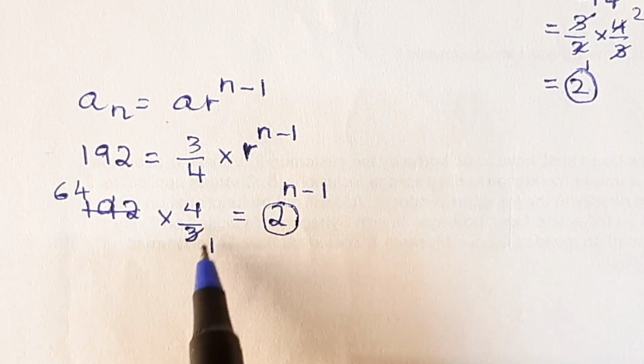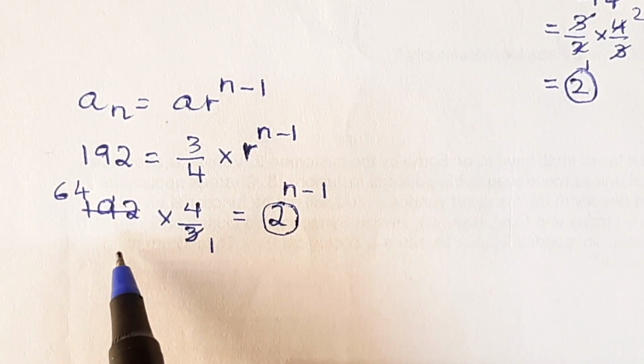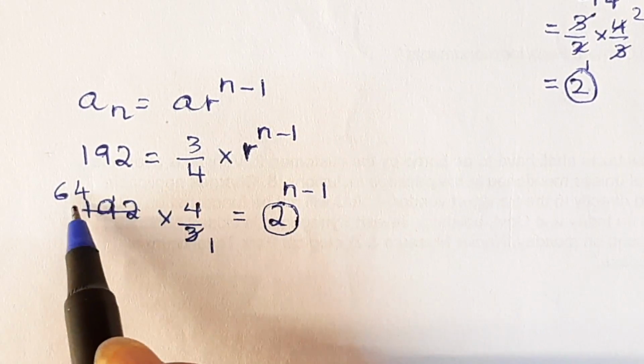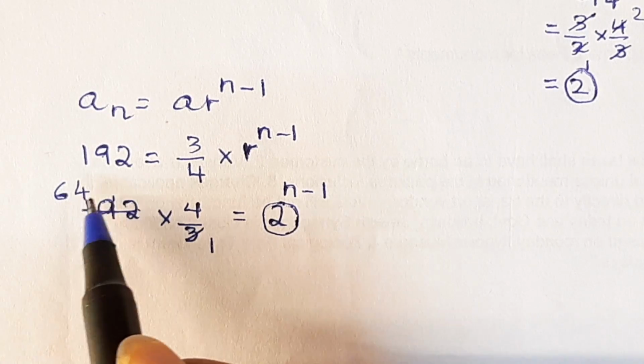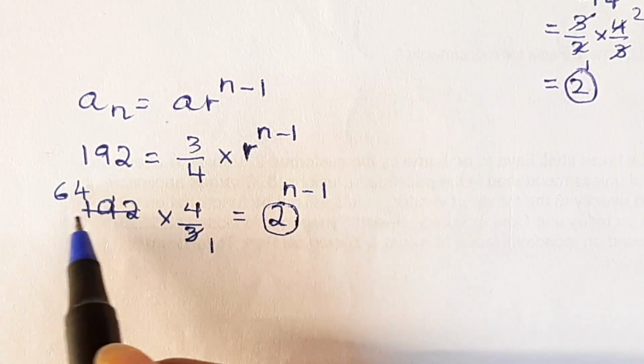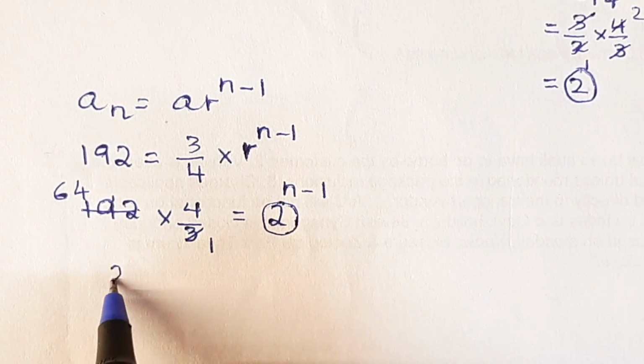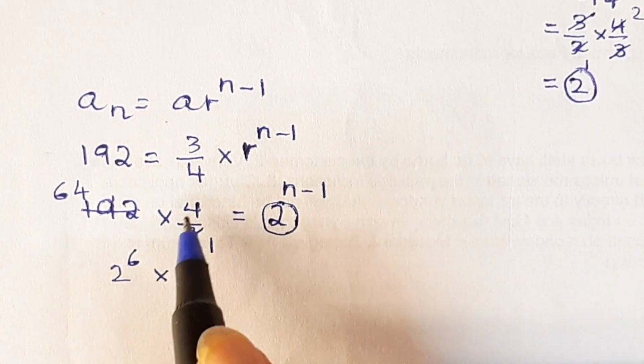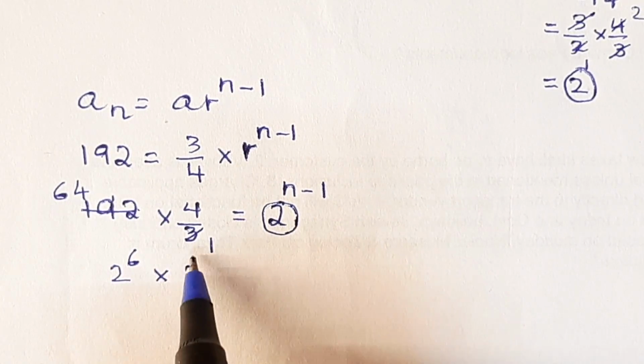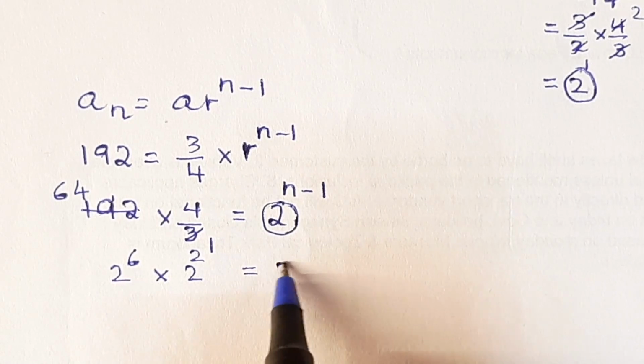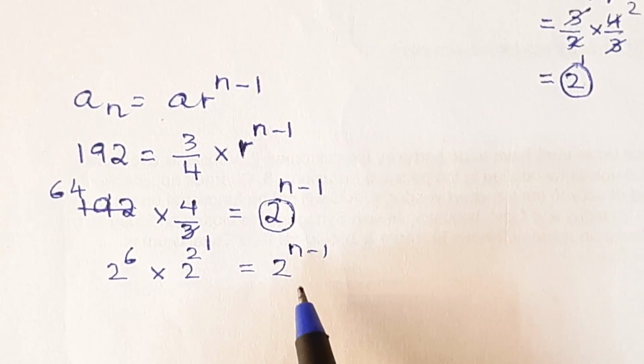So here also this number should be 2 to the power something. Now this 64 is 32, 2s 64. So 32 is 2 to the power 5. So 64 becomes 2 to the power 6. So I shall write it as 2 to the power 6. And 4 is 2 to the power 2. So this will be equal to 2 to the power n minus 1.